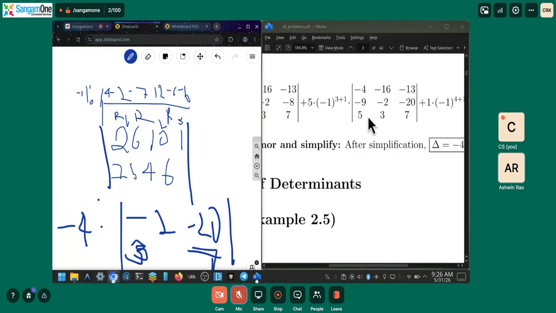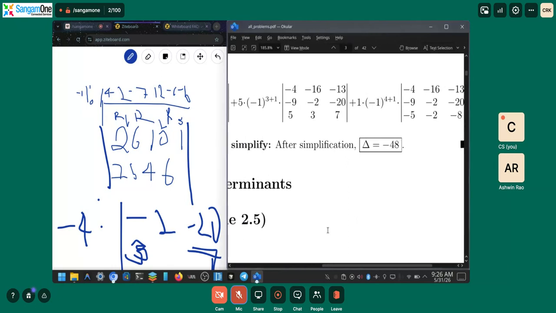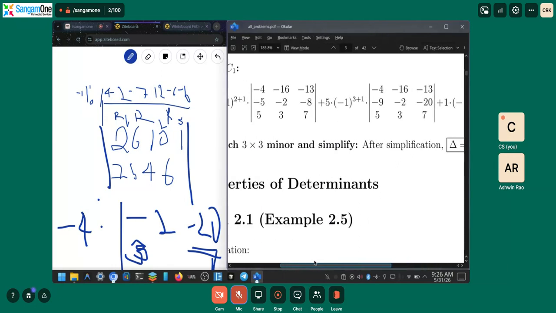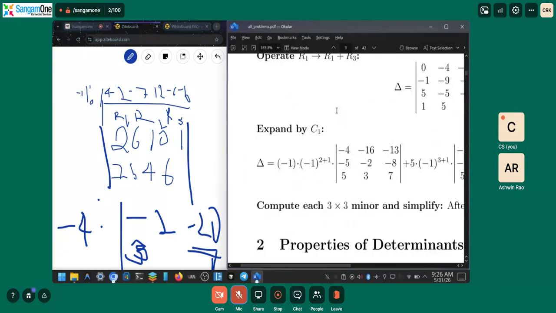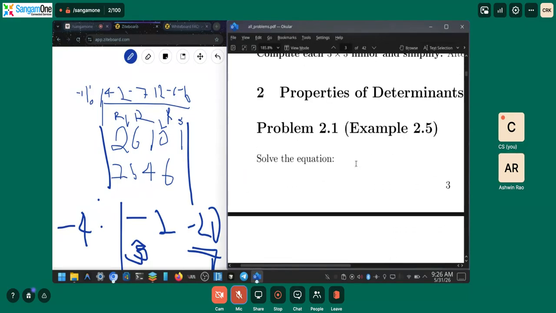Basically solve these determinants and all. It's a long procedure. Then it corresponds to determinant minus 48. Any doubts so far in expansion or something? No doubts?